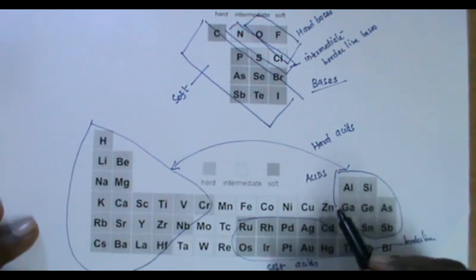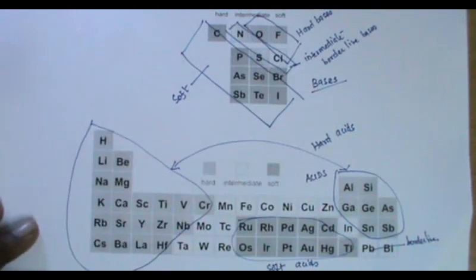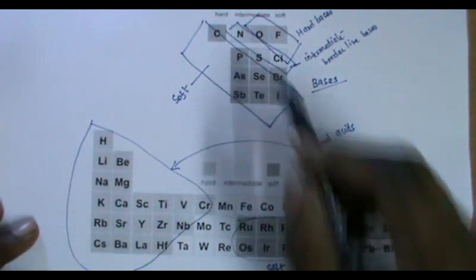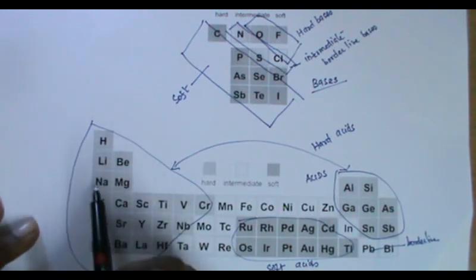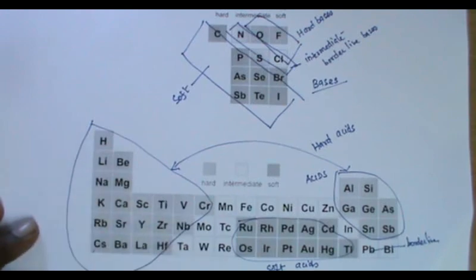When you go for zinc, it prefers to bind with this. Copper can form a bond with ammonia as well as Cl. So you can try to analyze the compounds based on that. Lithium, sodium, potassium, rubidium, cesium, francium and the alkaline earth metals are always hard acids.